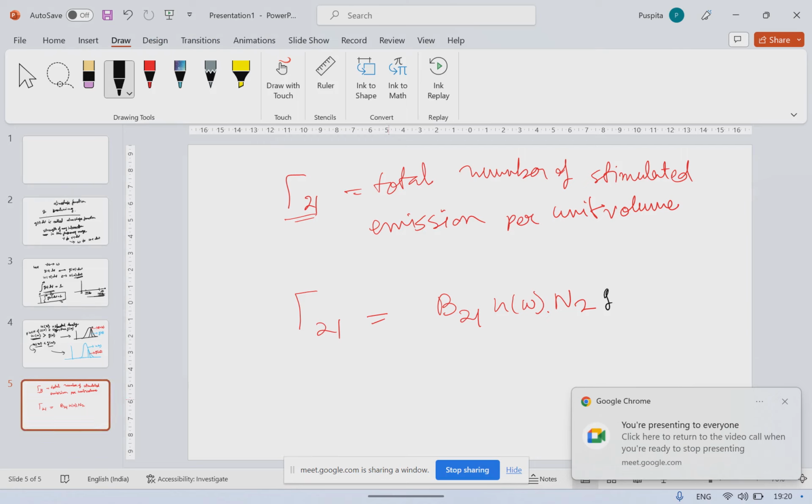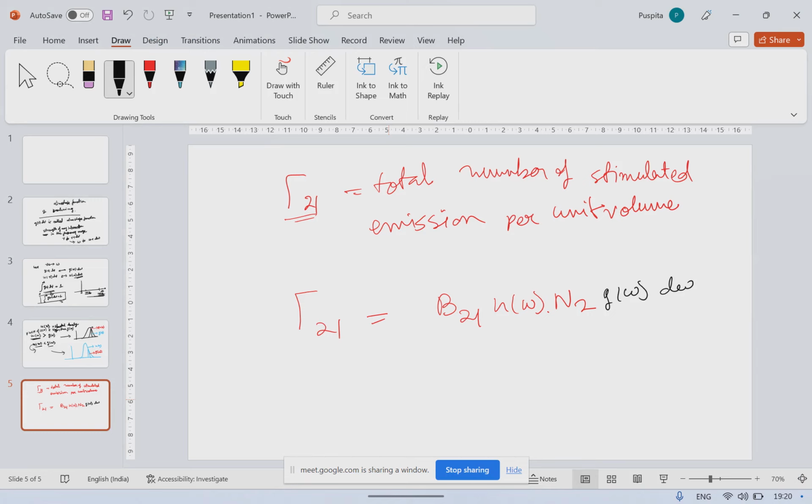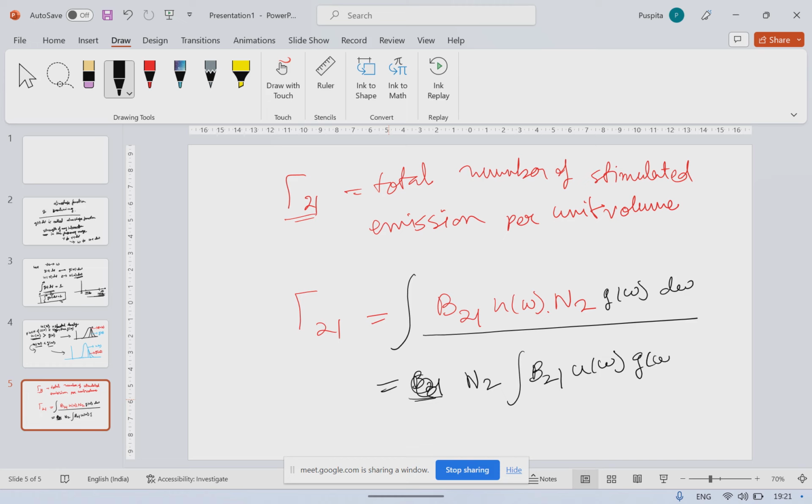But now we have introduced the line shape function, so we need to include that in the expression and do the mathematics. So B21, we know the expression of B21, N2 is constant, and here it will be u omega, g omega, d omega.